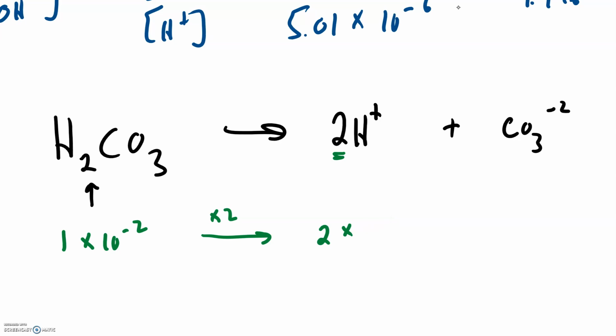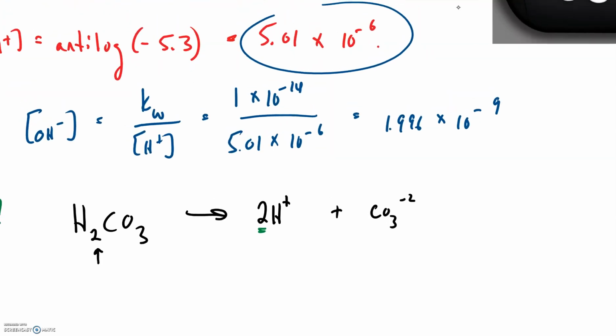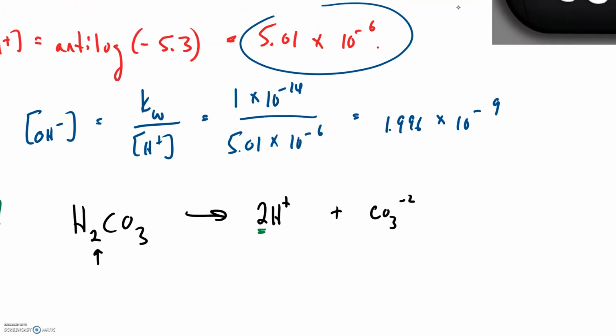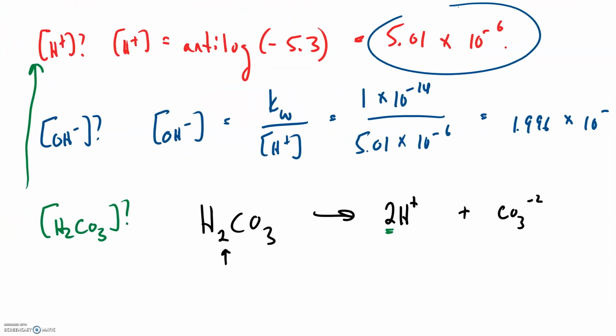Well, in this case, we don't quite know that. In fact, we're going the other way. What we're going to do is take the H plus that we got from the first part of this problem, and we're going to say, okay, we know the H plus already, 5.01 times 10 to the negative 6th.